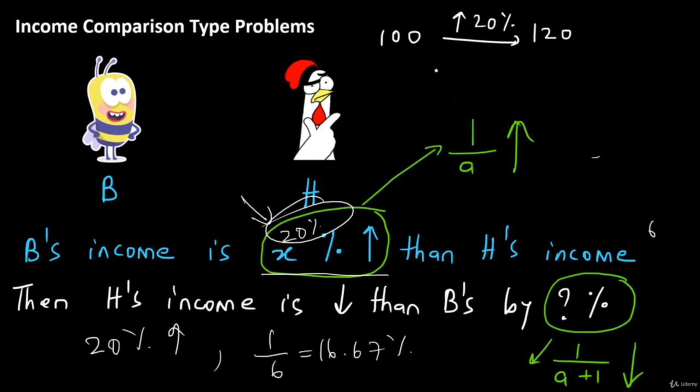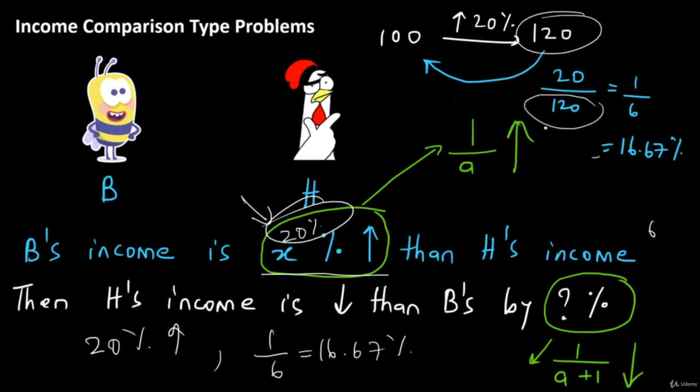So how much percentage should you reduce to go from 120 to 100? So that would be change by initial value, and when you're going back like this, you are starting from 120, right? So the initial value, which is the denominator, is 120, and change is 120 minus 100, which is 20. Therefore this percentage change will be 20 by 120, which is equal to 1 by 6, or 16.67%, which is the same thing that we have got over here.